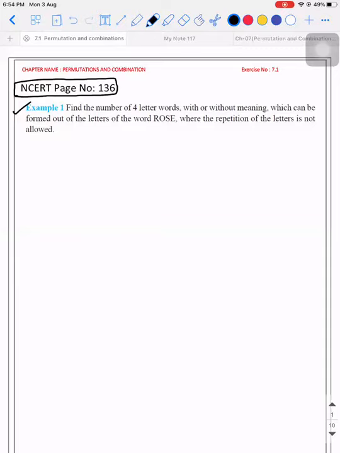So what are they asking? They have given you the word rose. This word rose has how many letters in it? 4 letters. So those 4 letters should be rearranged among themselves such that you are able to generate a new word. Am I right? So rose is one word. I keep R fixed, so I have 3 blank spaces.